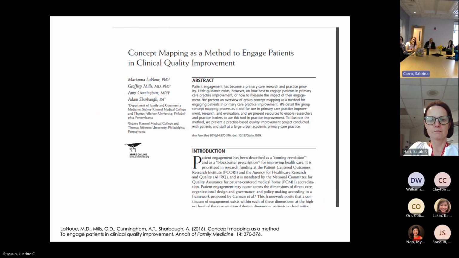This was around 2016, around the time that hospital systems were saying everyone has to have a patient advisory council. But I've been to so many patient and family advisory councils where there are 6 physicians and 2 patients or family members. They're not engaged. They're not really empowered to tell you what they think you should be doing. So I just love this technique for so many different applications.